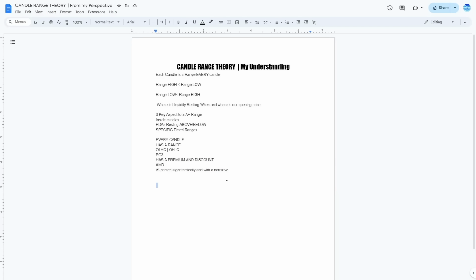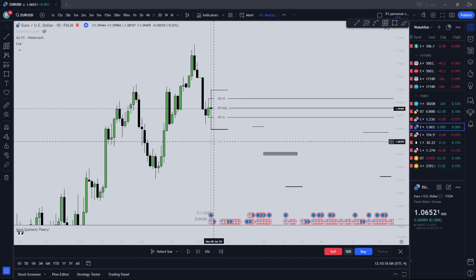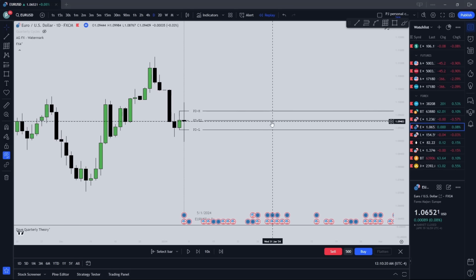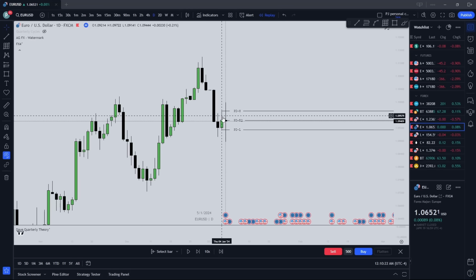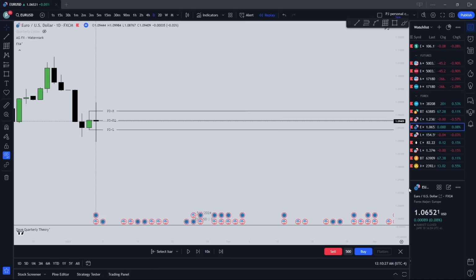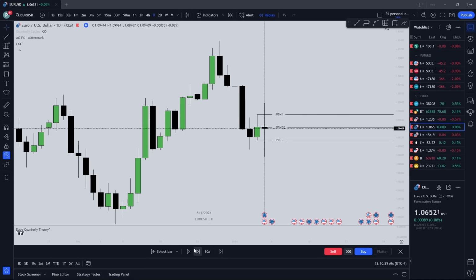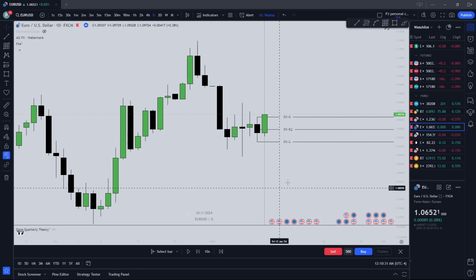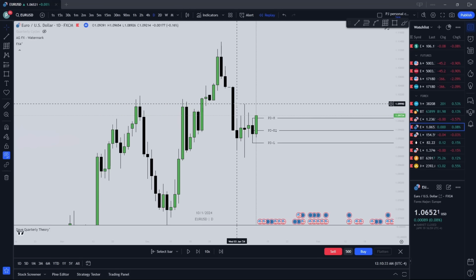We're going to get into a couple examples of single candles being a range, as well as that higher time frame becoming a lower time frame range. So we see in our phase we have a daily candle on Euro giving us an inside bar. Clear accumulation. We have a high of our accumulation and a low.